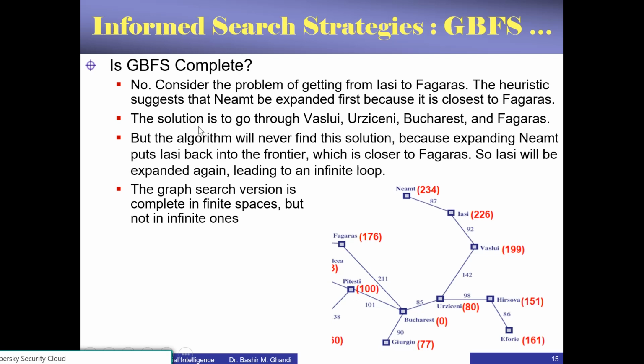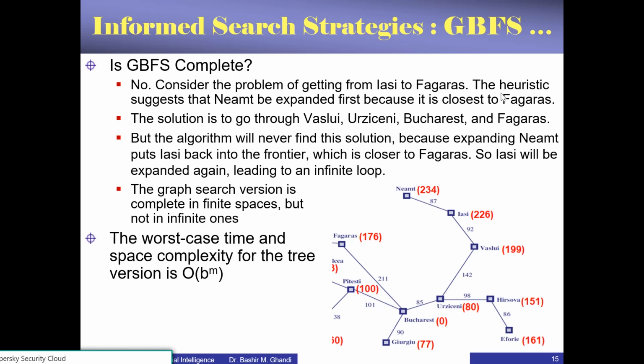So for the tree version, definitely it is incomplete and it may not give you an optimal solution. However, here we are saying the graph search version is complete, particularly if the state space is finite. But even that one is incomplete, obviously, if the state space is infinite.